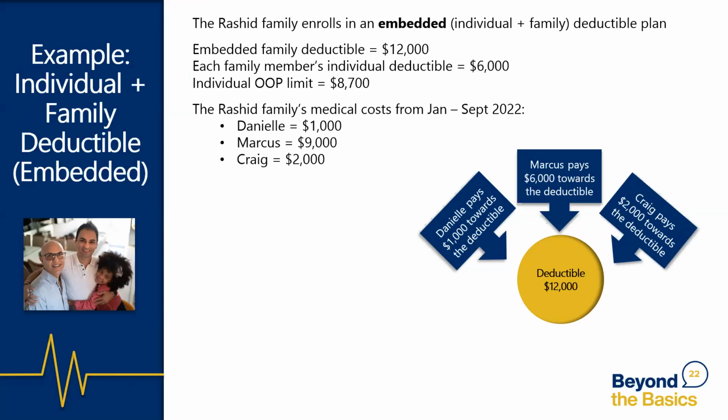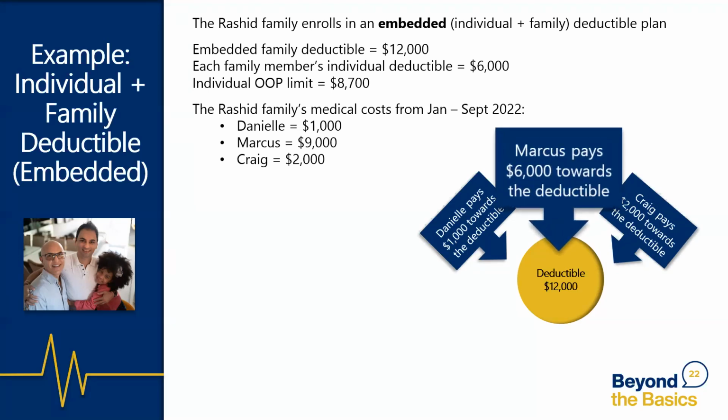And then Marcus will have met his individual deductible, which means that the plan will begin paying for a portion of Marcus's healthcare services moving forward. The plan wouldn't pay for Craig's or Danielle's healthcare services yet until they meet their own individual deductibles, or until the family meets their overall $12,000 family deductible. So the Rashid family will have to pay out of pocket for the services both Craig and Danielle have received so far.